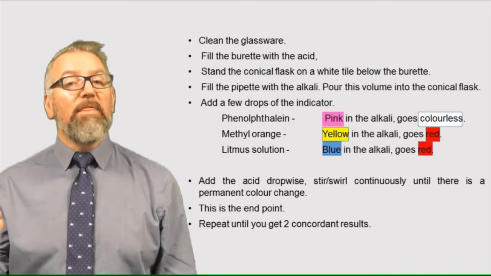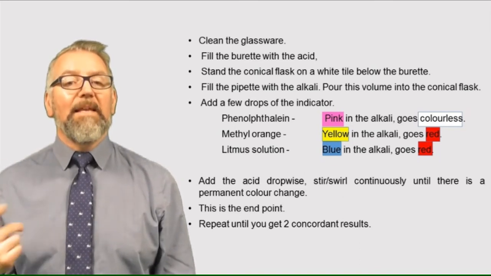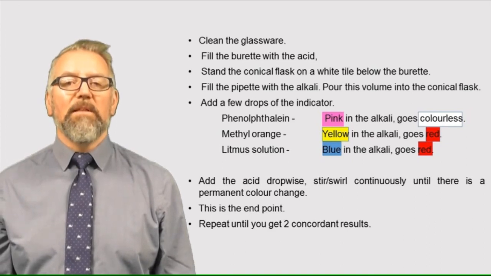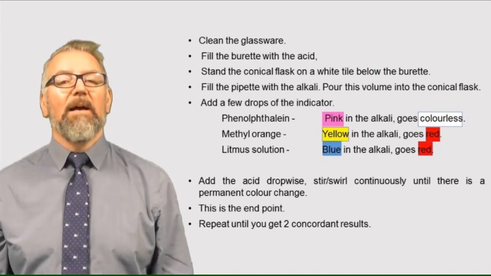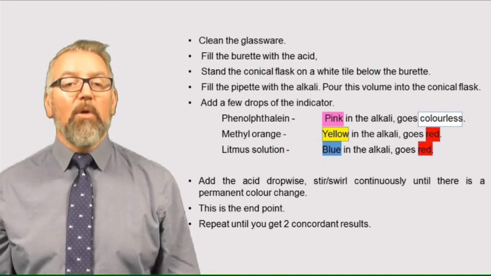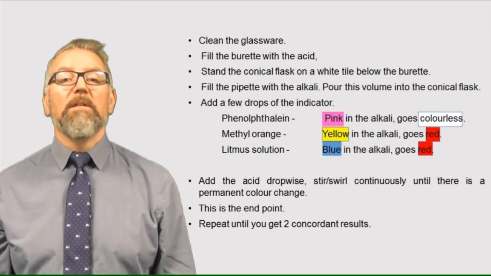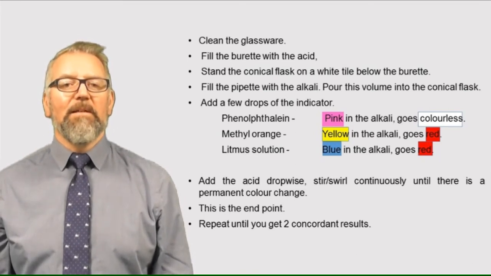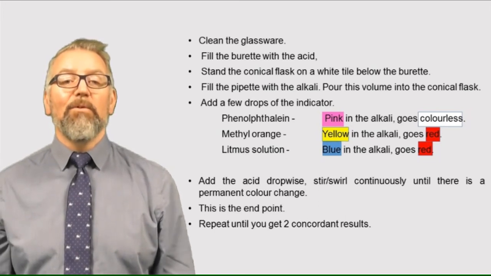Methyl orange, this will be yellow in the alkali but goes red. Or litmus solution, this is blue in the alkali but goes red. Add the acid dropwise, stir or swirl continuously until there is a permanent colour change. This is the end point. Repeat until you get 2 concordant results.